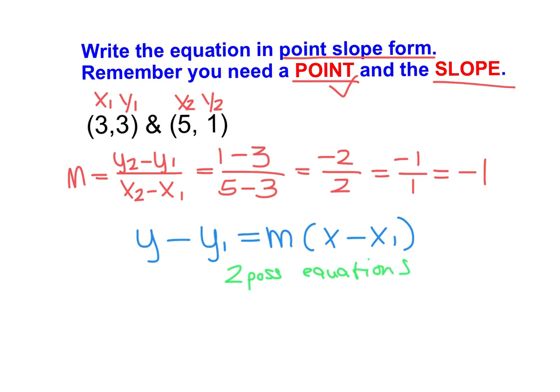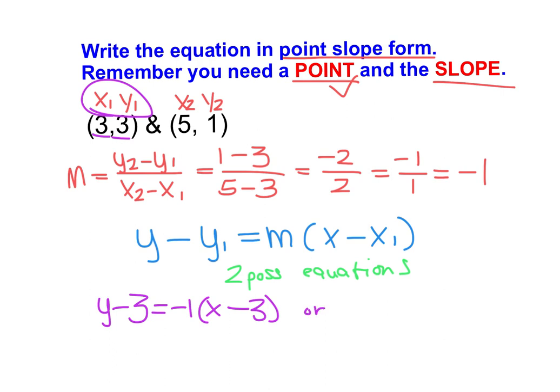The first one, I'm going to use this point of 3, 3. So I would have y minus my y-coordinate of 3 is equal to my slope of -1 times, in parentheses, x minus my x-coordinate, which is 3. So that's one example of an equation that you could have.